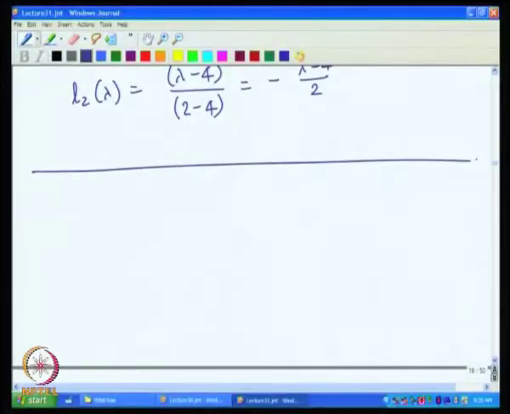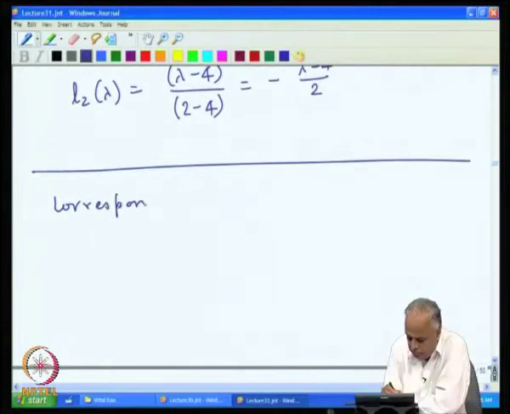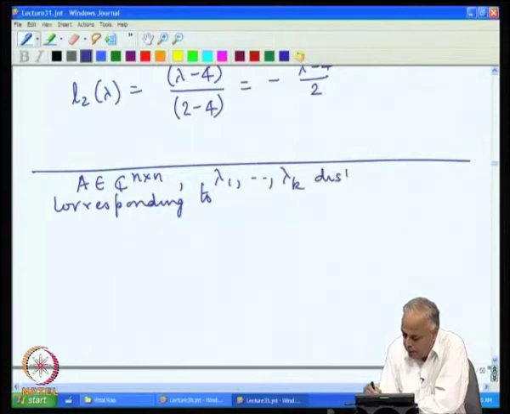Now, suppose we have these polynomials corresponding to the matrix A. We have seen that corresponding to every polynomial in lambda, we have the corresponding polynomial matrix Lj(A). So, let us take a general matrix A in C n by n, and lambda 1, lambda 2, ..., lambda k distinct eigenvalues.